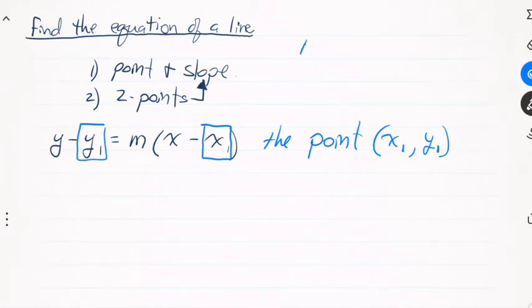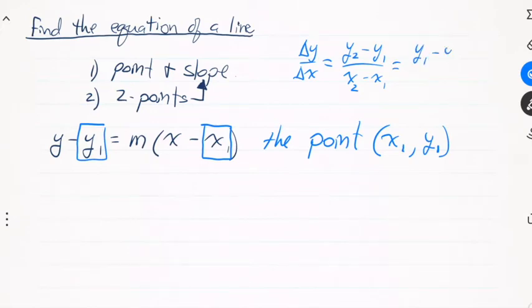For instance, I didn't give it to you, but the formula for the slope is y sub 2 minus y sub 1 over x sub 2 minus x sub 1. I don't like that formula because people think that it has to be the second point minus the first point. And my whole idea, as long as you keep it in order, doing it the other way is perfectly fine too.